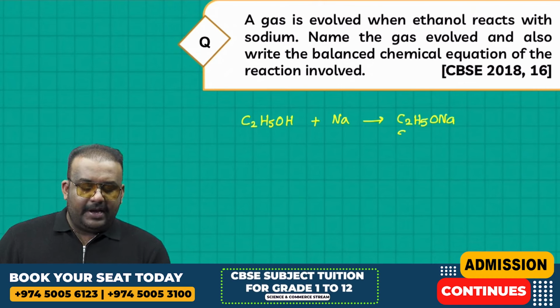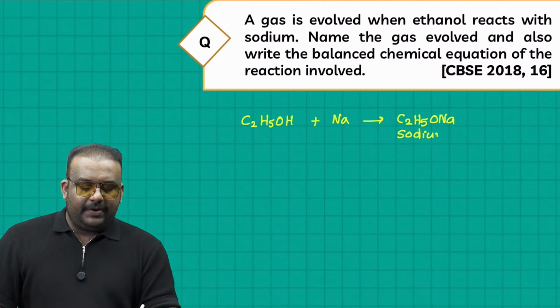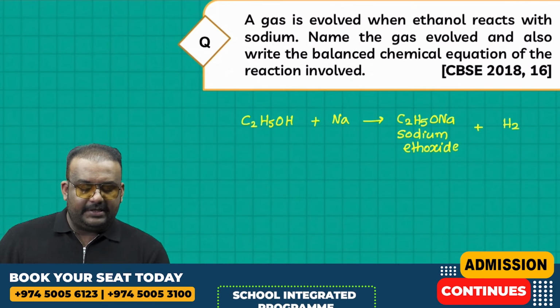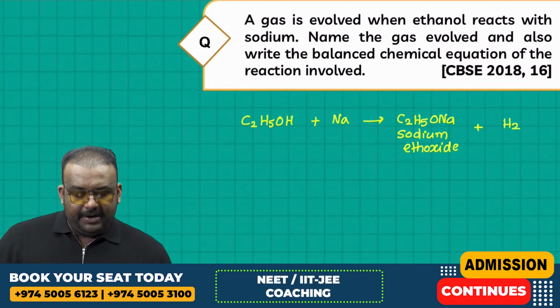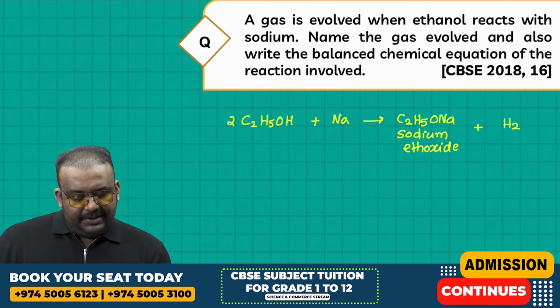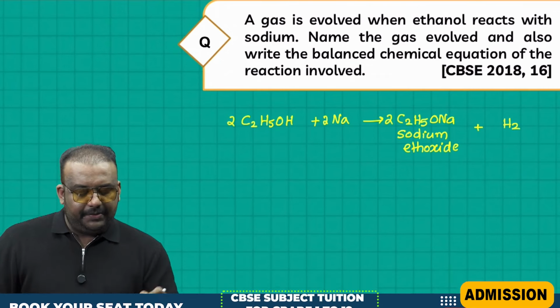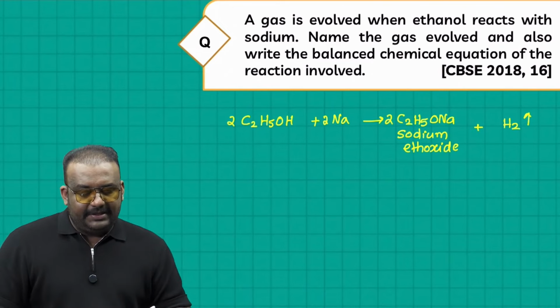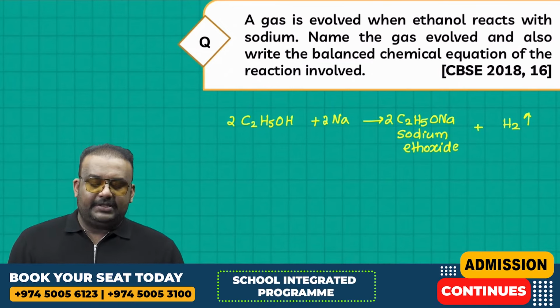C2H5ONa. And I told you that C2H5ONa is called sodium ethoxide, plus hydrogen gas. This will be the gas liberated. So when you balance this equation, this will be 2Na, 2C2H5ONa plus H2. So that is the balanced chemical equation of the reaction involved.